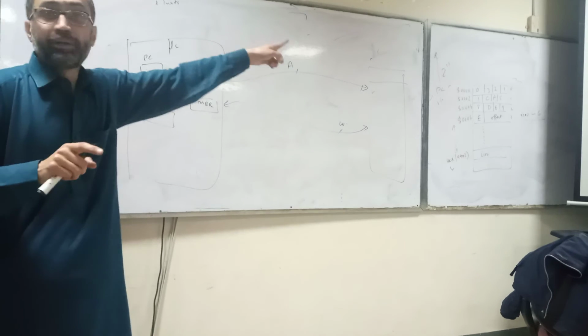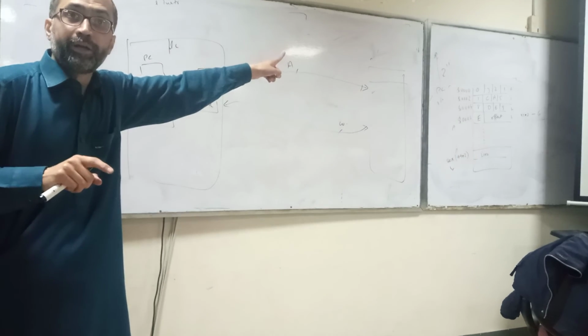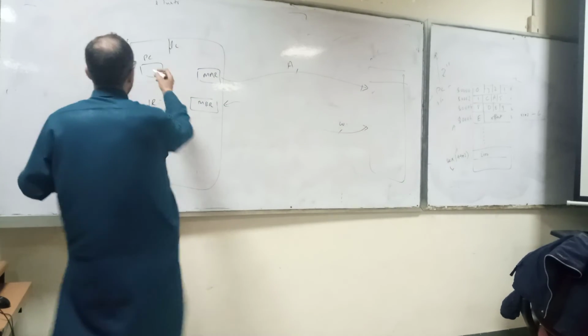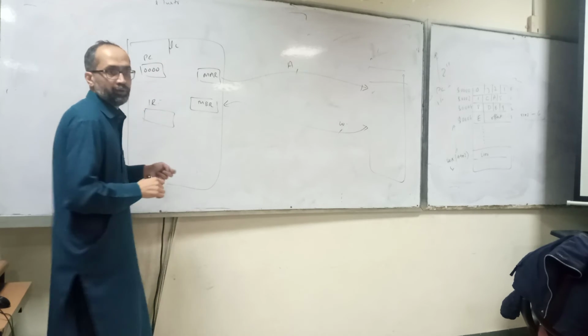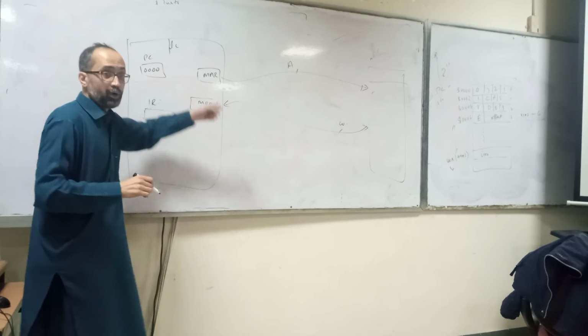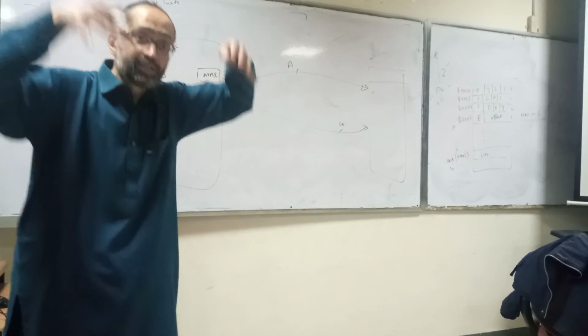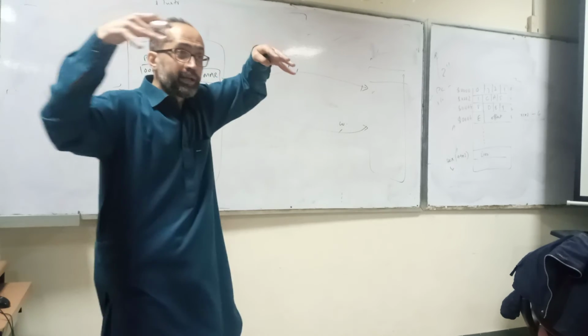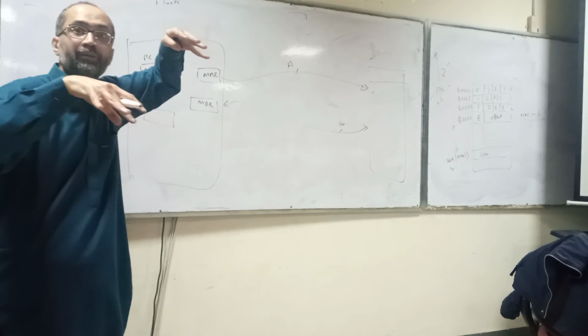In this particular example, let's assume the program counter is initialized with 0000. If you look at the different stages of instruction execution, it contains an instruction fetch stage and a decode stage.